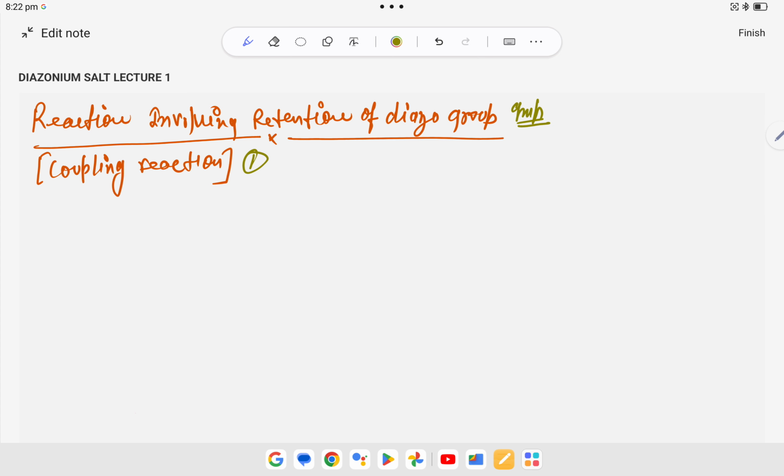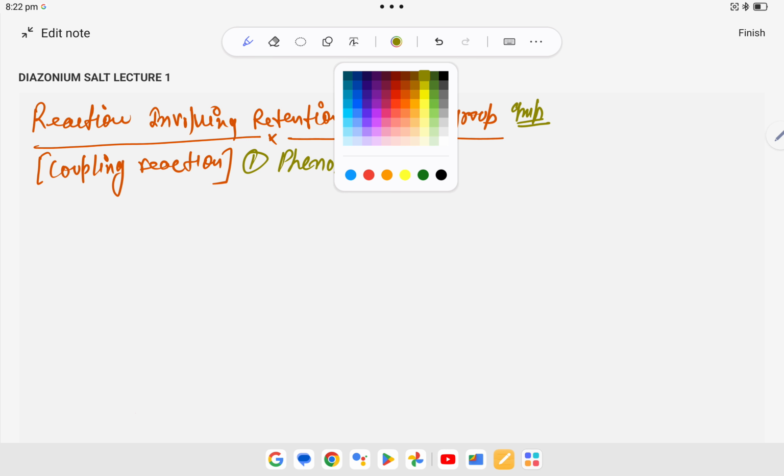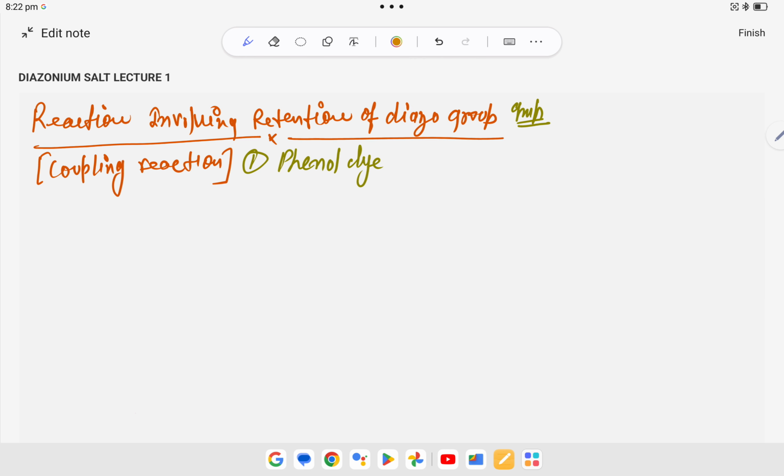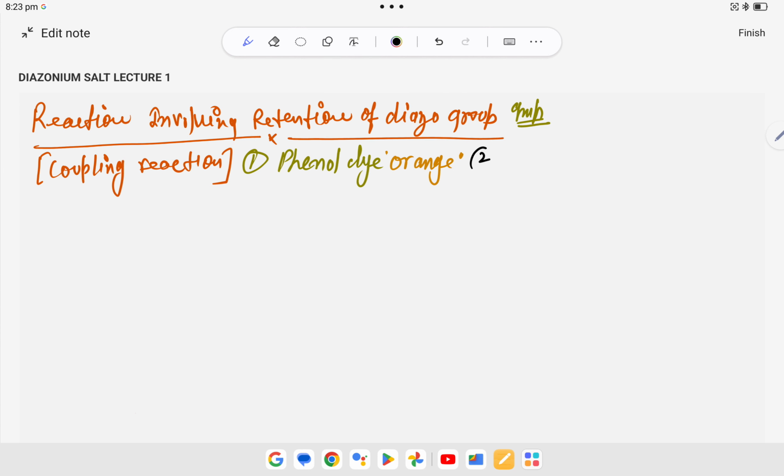The first one is phenol dye, and its color is orange. Second is aniline dye, and its color is yellow.